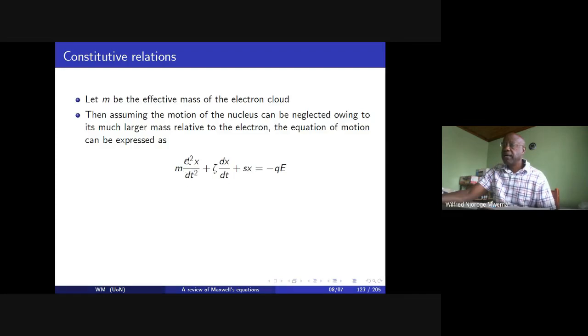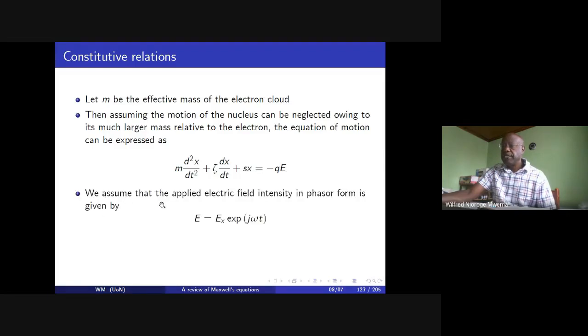That is m d²x/dt², that is mass times acceleration from Newton's second law of motion, plus the damping from the frictional force, plus the restoring force must be equal to the electric force that we have applied there due to the applied electric field E. And we are using the minus qE there.